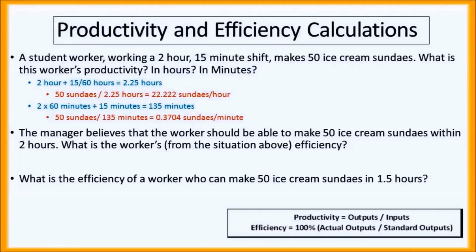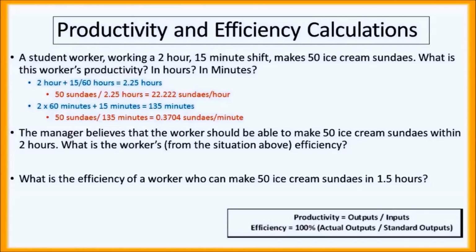So this represents a reduction in efficiency. Their efficiency is less than 100%. Their efficiency is less than what the manager believes. So when we calculate the efficiency for this first problem, we should find the efficiency calculation to give us a percentage that is less than 100%.